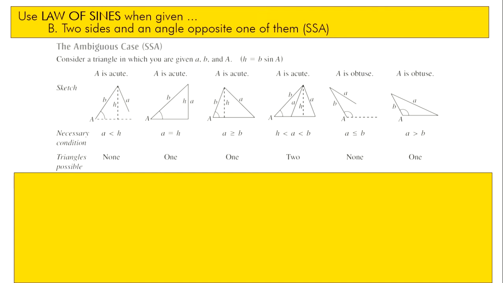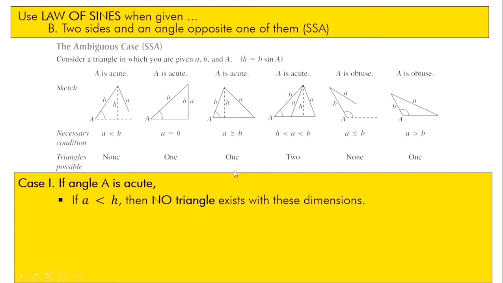So let's start first with case number 1, given that our angle A here is acute. Focus on these four figures here. Let's start first with if a is less than h. Here, you need to identify the height.